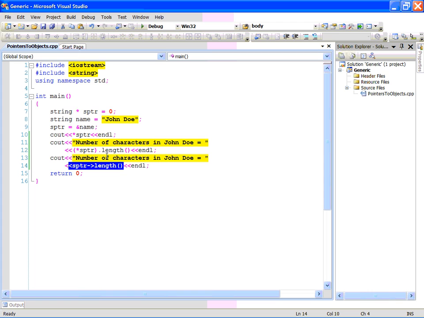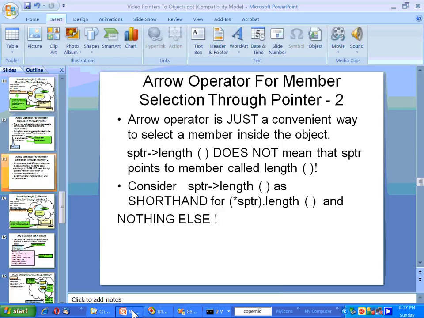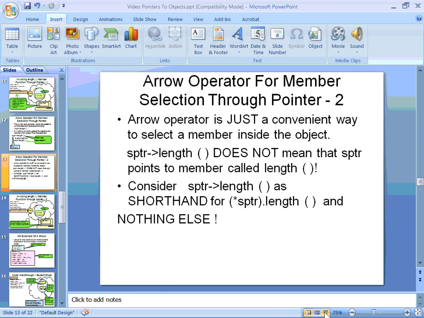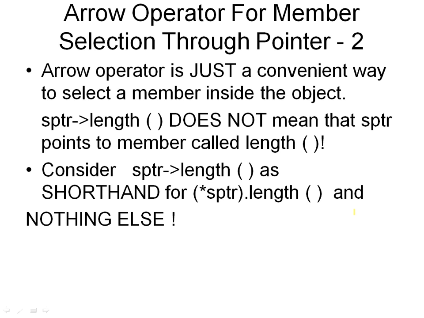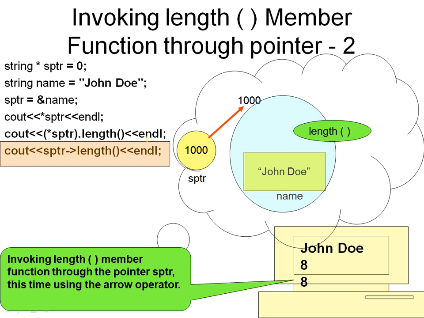So this and this are exactly equivalent to each other. If I execute this statement, that means exactly the same thing as this one does.